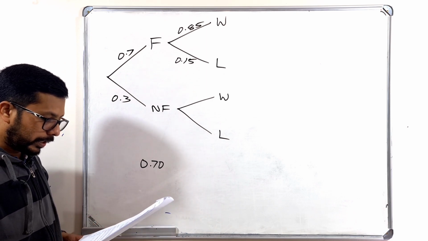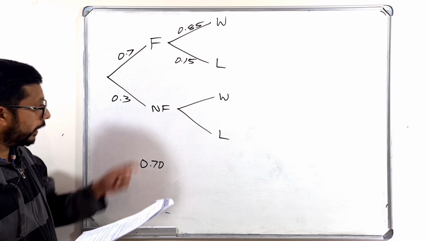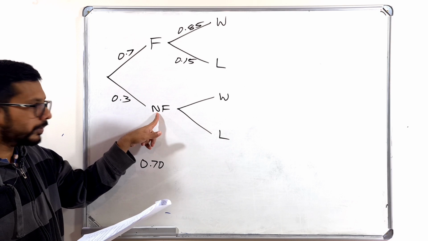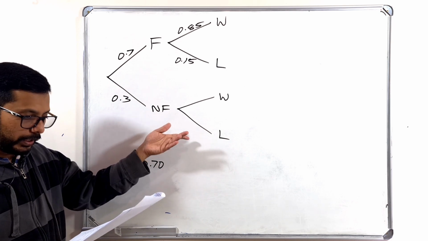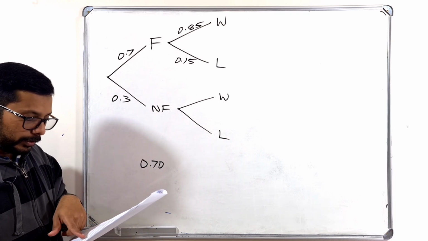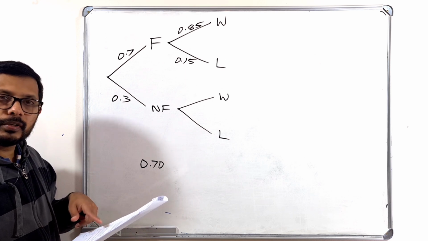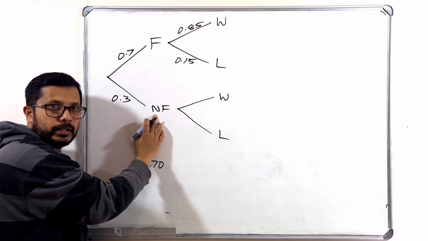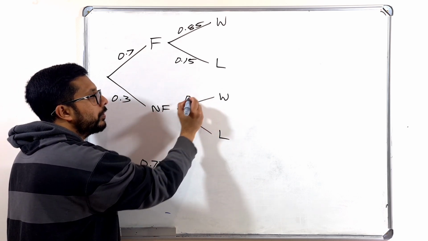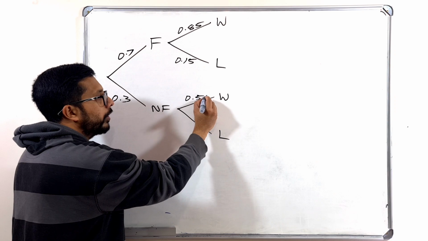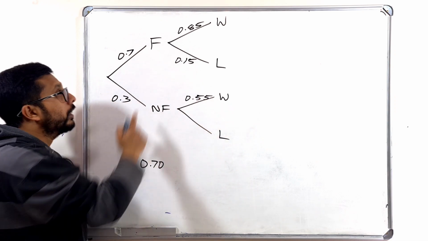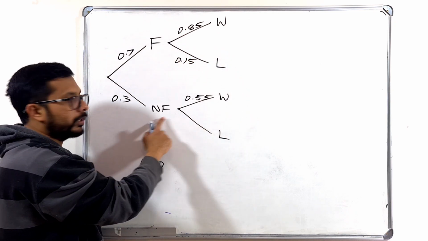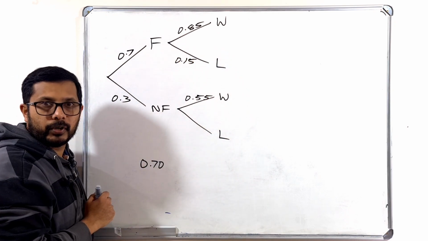If there are players that are not fit for the next match, then the probability of winning the match is only 55%. 55% means 0.55. Can you see that? If they are fit, then the probability is 85%. But if they are not fit, then the probability of winning the match is only 55%.